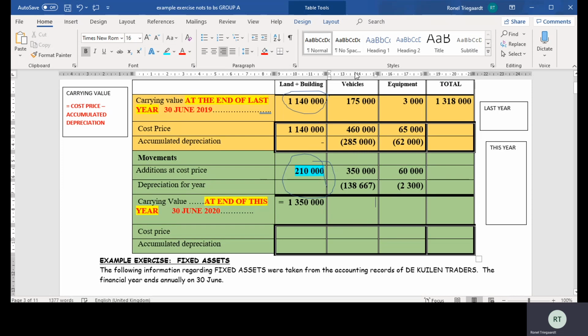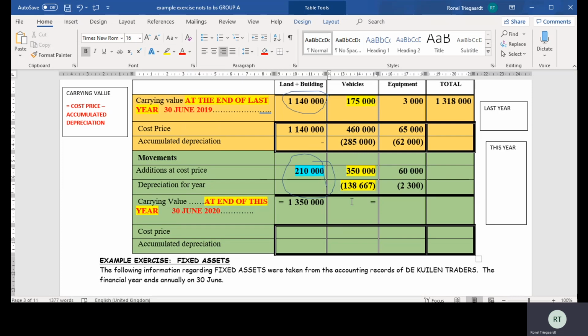Now let's do vehicles. Vehicles, we said, started at the end of last year, beginning of this year, exactly the same thing. Started with 175. We bought a new vehicle of 350,000. We had to write off depreciation of 138,667. So what will my answer be?